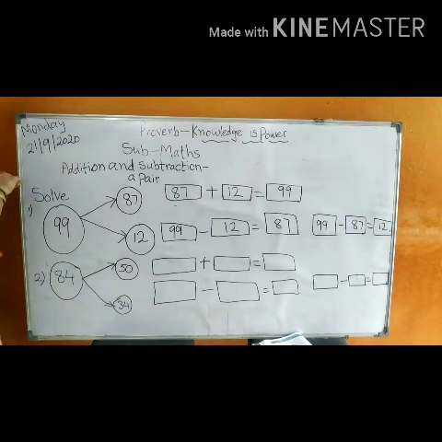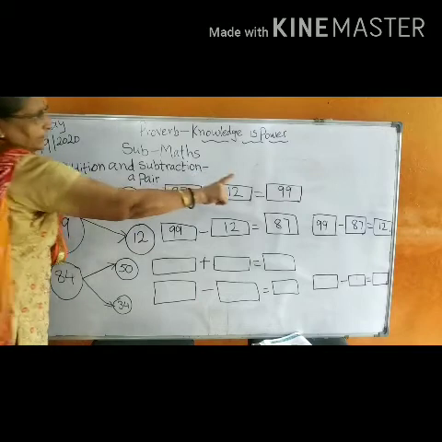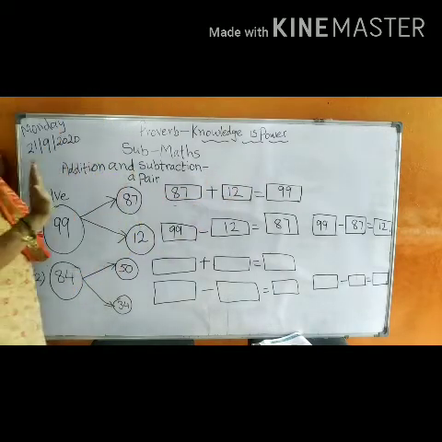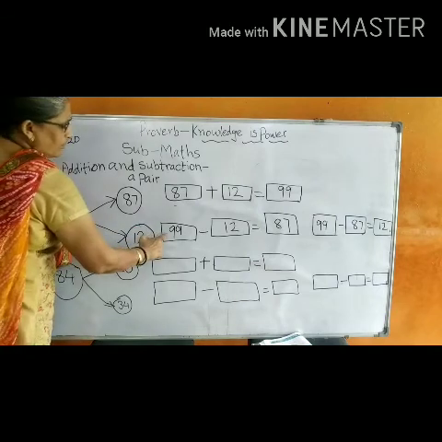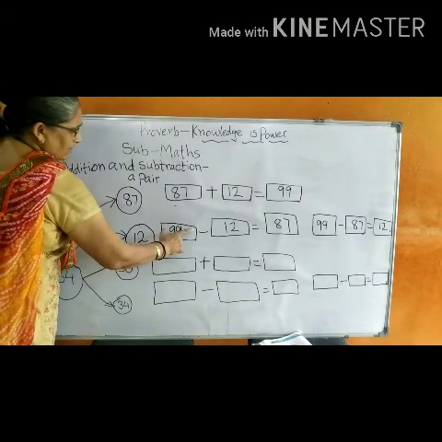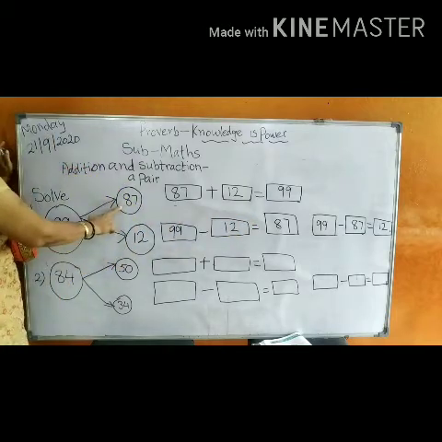Now 87 plus 12, what answer are we getting, children? 99. Okay. Same way, when from 99 we minus 12, what answer do we get? 87. Isn't it?